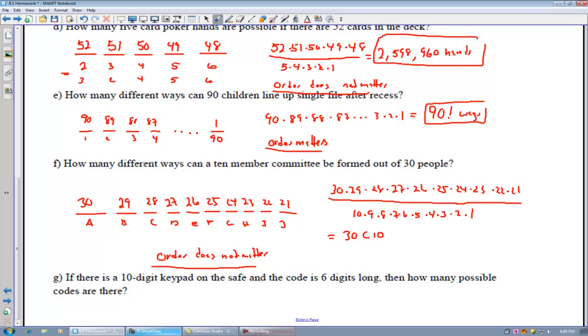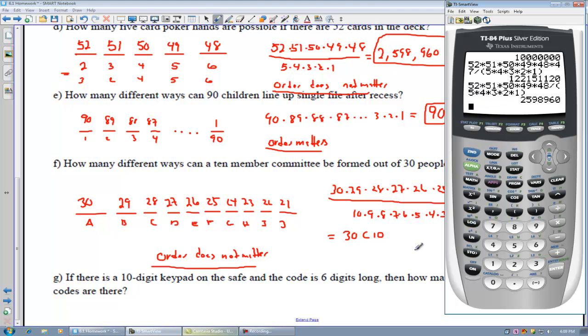There's a little button on your calculator, so you pull up your calculator, and if you hit 30, and then you hit math, then go over to probability, you'll see this button down here, nCr, which stands for combinations, and n is 30, and then you put 10 right here and hit enter, and it's going to spit out the answer.